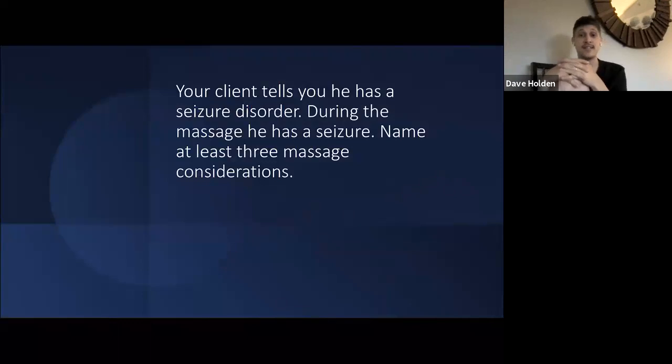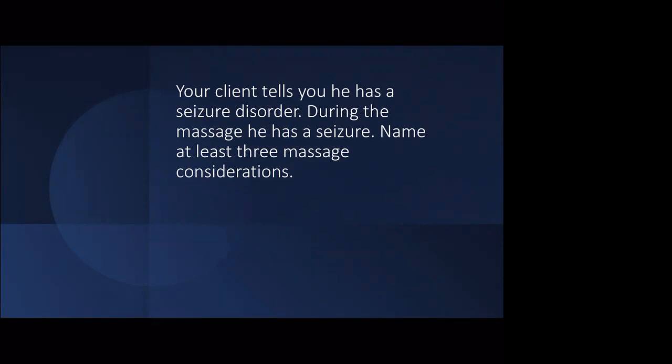Your client tells you he has a seizure disorder. During the massage, he has a seizure. Give me 3 massage considerations. Call 911. Stop the massage.